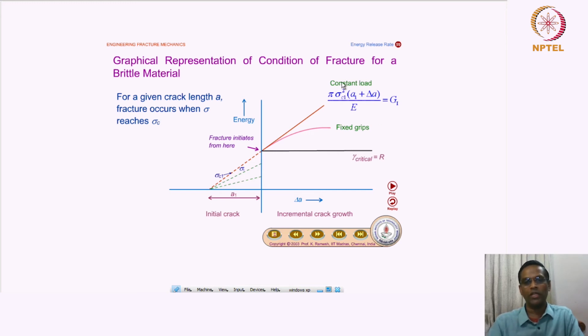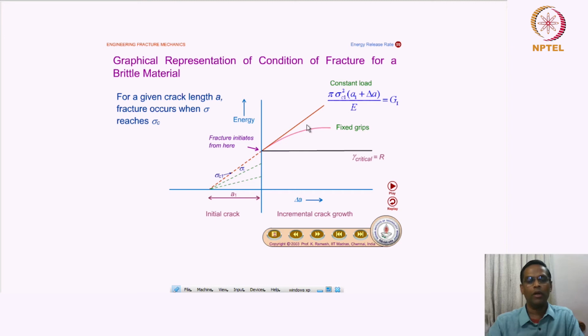What is the difference between these two? For the constant load case, the energy for the crack to grow comes from the external load. But for the fixed grip, the energy comes from within the system, the strain energy within the system. You have to remember that.